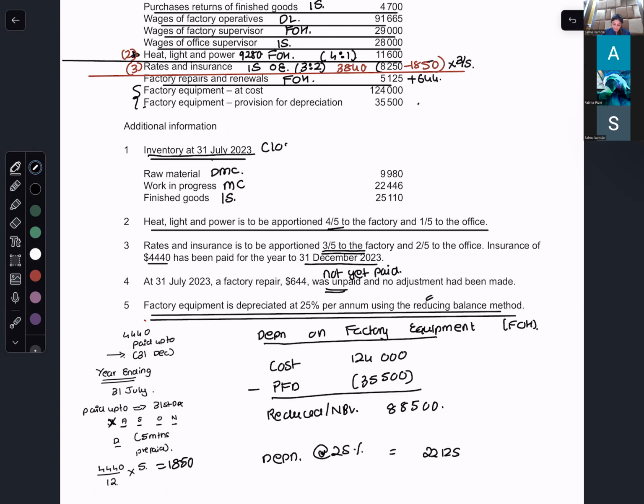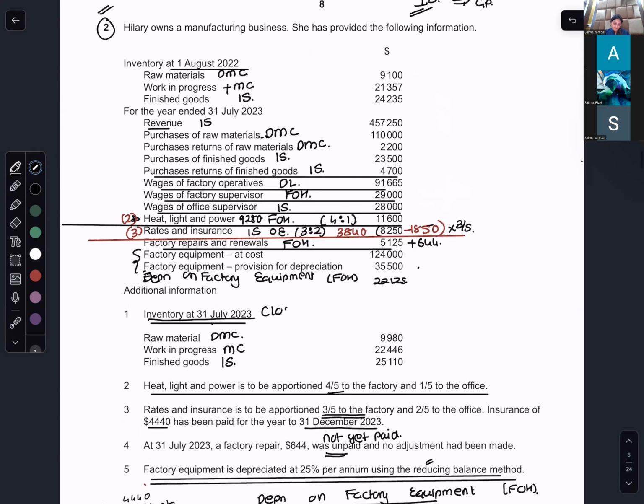Where will this go? Factory overheads. So we will write it over here. Depreciation on factory equipments, 22,125. This will go in factory overheads. Are you with me? Yeah, miss.